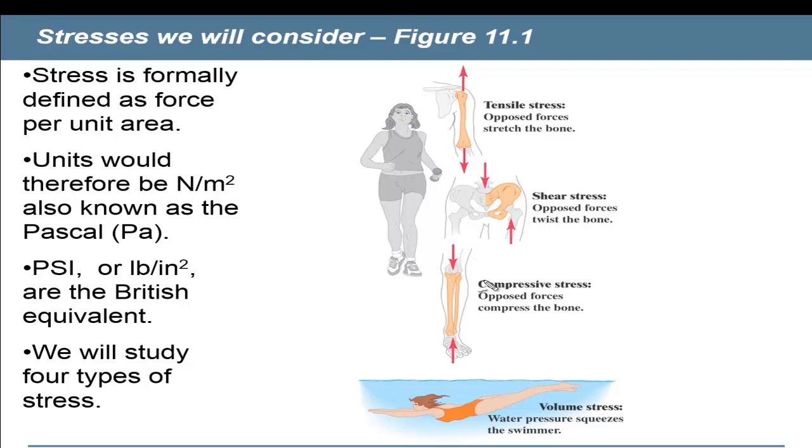Imagine a compressive stress like this, and I put some more forces in here like this, and I put an infinite number of little forces, all with the same magnitude. Then I would get a volume stress on her leg there. So that's essentially what a volume stress is. So we'll look at all of these in this chapter.